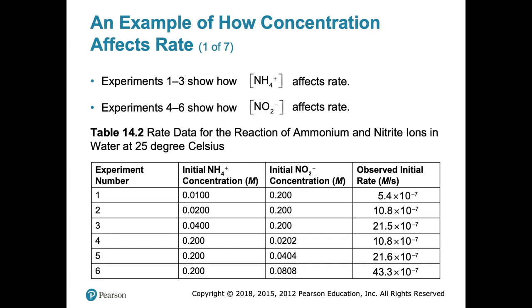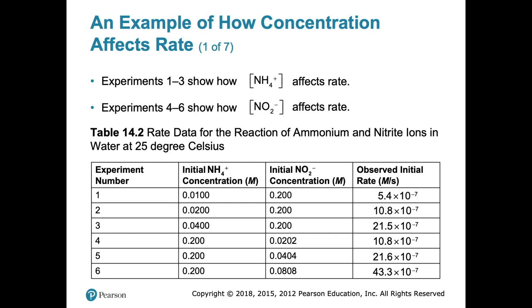For experiments 1 through 3, I'm doubling the concentration of ammonia but keeping the concentration of nitrite the same, to see how that affects the rate of the reaction. And then for experiments 4 through 6, I'm keeping the concentration of ammonia the same, but I double the concentration of the nitrite. Does that make sense so far?